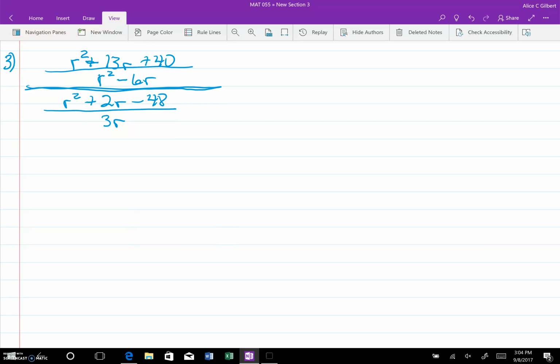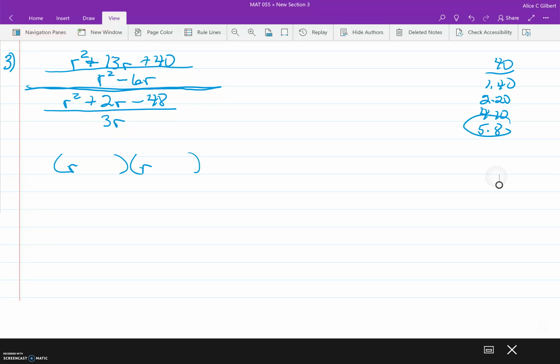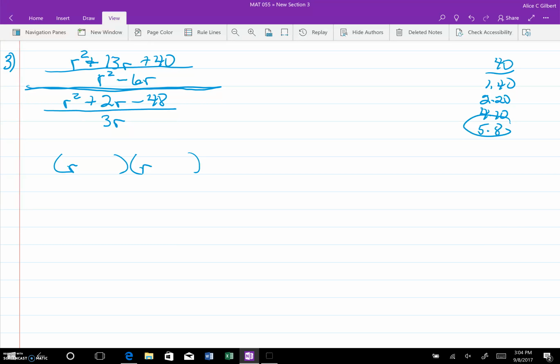So, in my numerator, r squared plus 13r plus 40. Well, I'm going to need a double bubble because it's rule 3a, and so an r. And 40 is 1 times 40, 2 times 20, 3 doesn't go in it, 4 and 10, 5 and 8, and that's it. 5 and 8 looks like it's going to work, plus 5, plus 8.